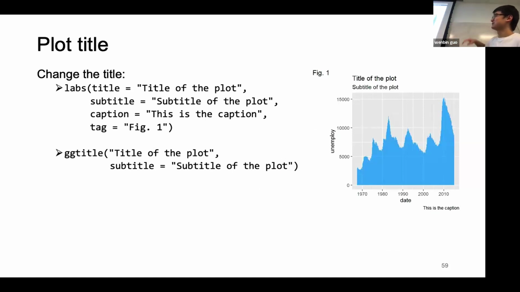Yeah, so there are also some other customization options you can use to change the specific position you want to put. For example, the title right now, the default option is just put on the top left part. Sometimes you want to put it in the center, right? And also the font. Right now it's just plain. You want to make it a bold font or use a different font family.